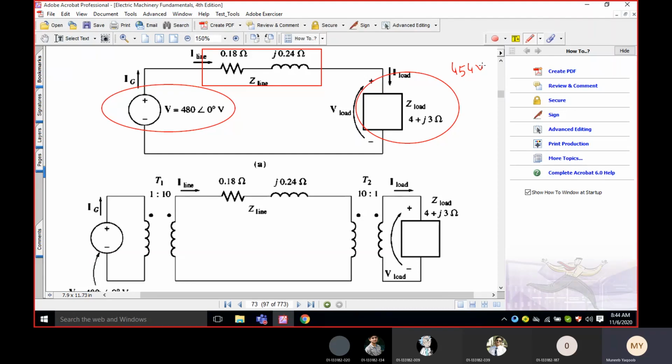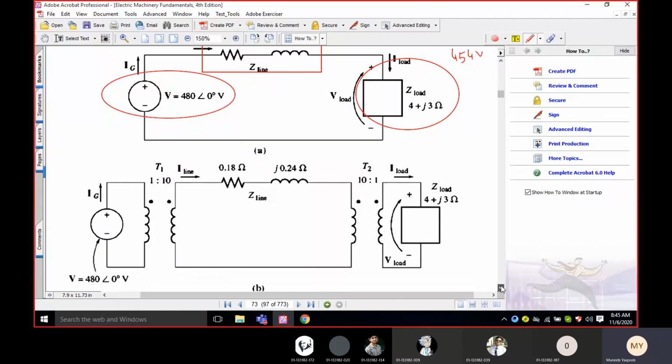Number two, transformers ensure efficient long distance transmission of electrical energy, because when we use a step up transformer, it steps the voltage up and at the same time it steps the current down, and since the transmission line losses are proportional to the square of the current, if the current is reduced, the square of the current is reduced even more, and hence we will not have much I square R or line losses.